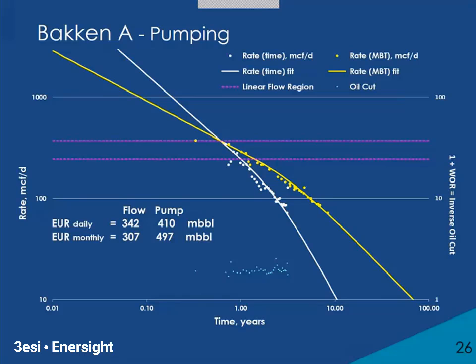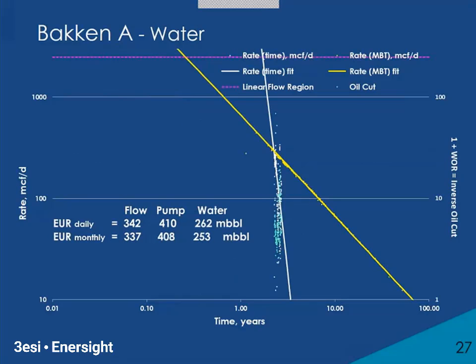So now I'm going to switch from pumping data to this data that's into a water coning mode. I cannot match this data in any way at all. I can draw a line through material balance time. I can't really do anything with the rate time.